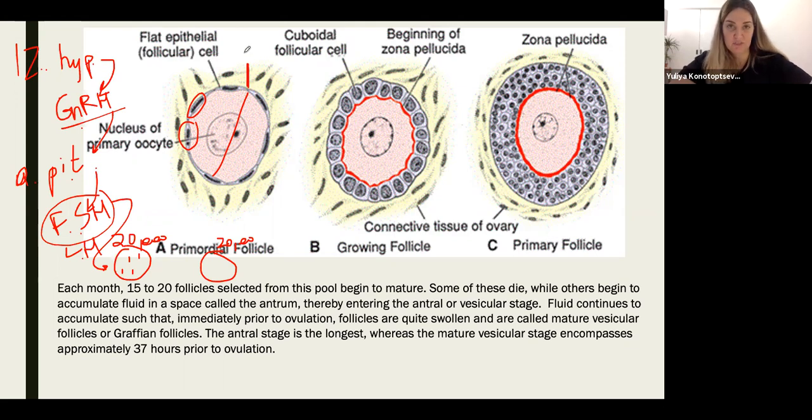So FSH comes in, it binds to it, and it starts to stimulate this follicle to grow. Under the influence of the FSH, the primordial follicle starts to grow to become primary follicle.